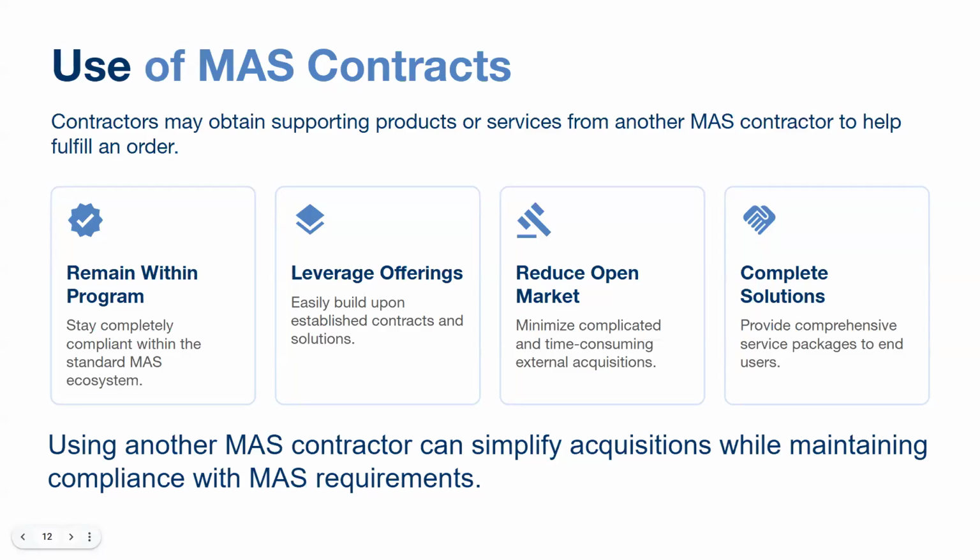Rather than being limited solely to the products and services on your own contract, you now have greater flexibility to leverage the strengths of other MAS contractors when appropriate. Again, this is just another MAS flexibility. It benefits everyone involved. Contractors gain additional options for meeting customer requirements. Agencies receive more complete solutions, and acquisitions remain within the established MAS framework.